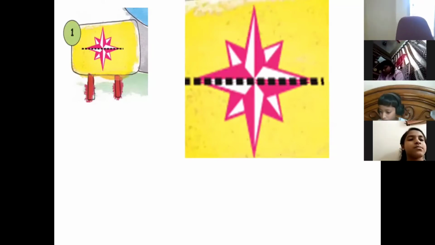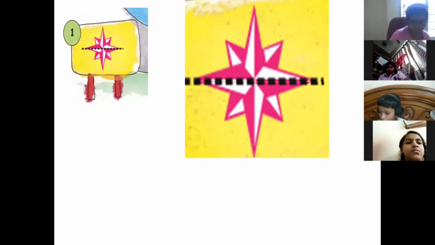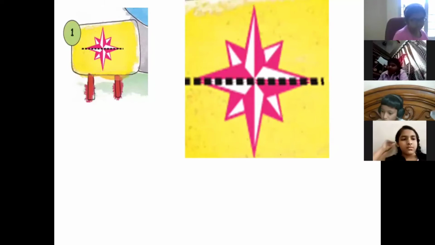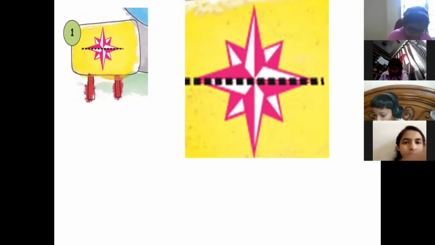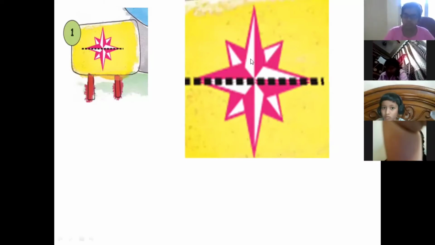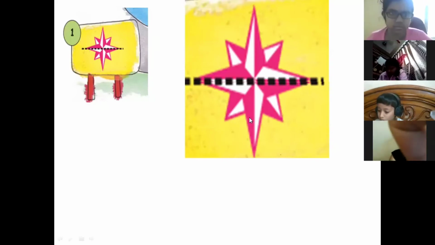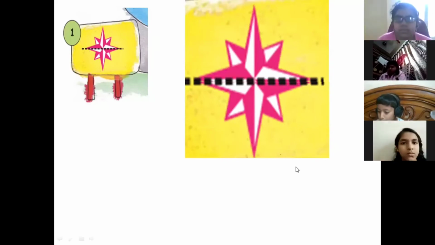Can anyone say the reason? Ma'am, because the color is not correct. Yes, very good. Observe that when you fold along the given line, one side is white and the other side is pink or red.